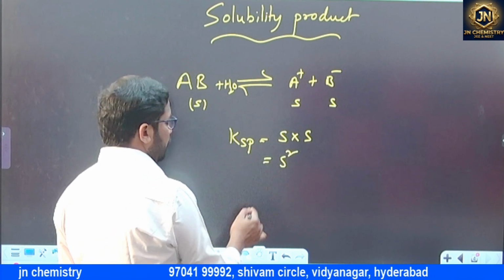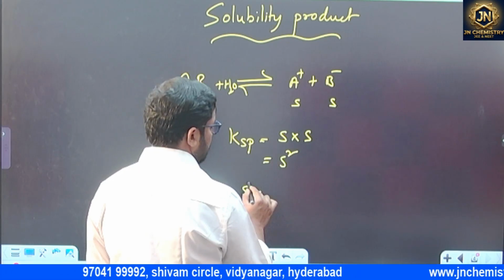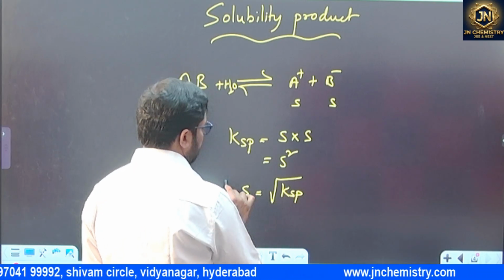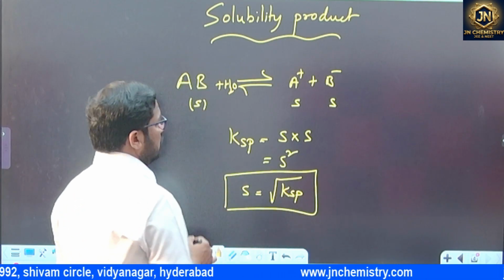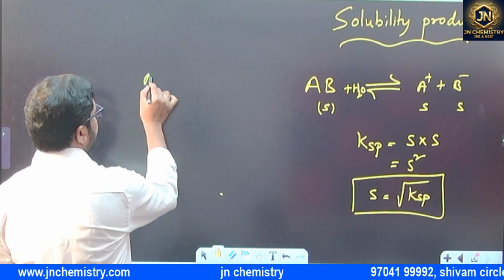S means solubility. So S is equal to the square root of Ksp. Write it down. This is for AB type salts. Imagine AB2.